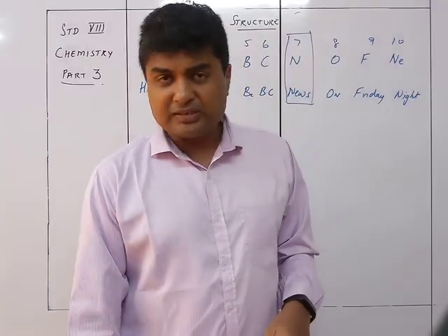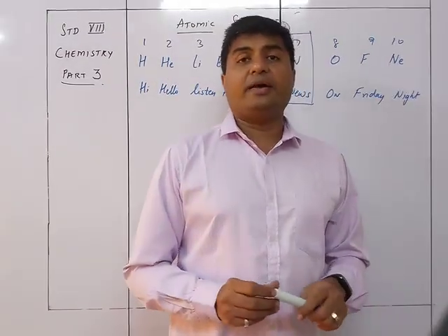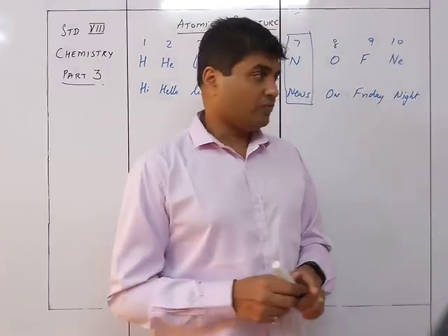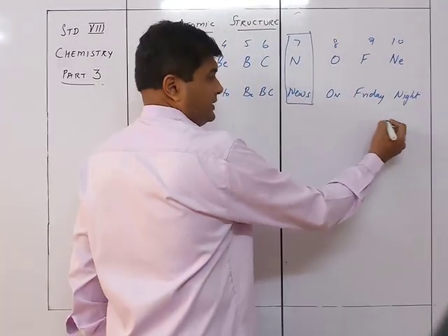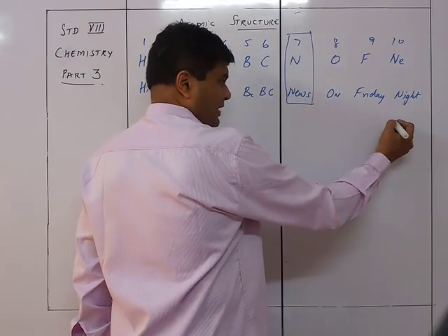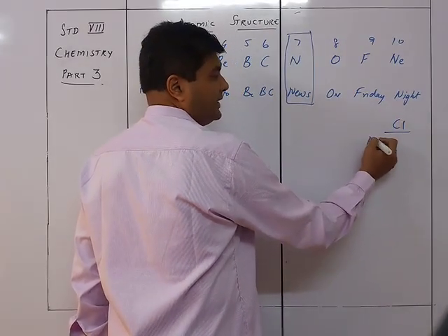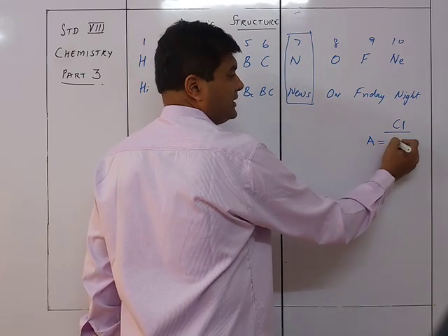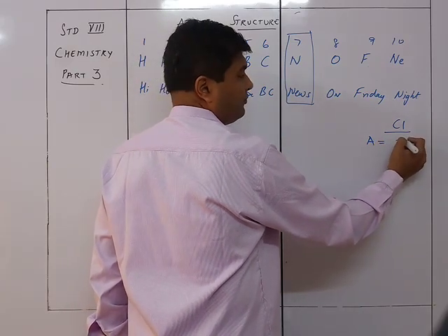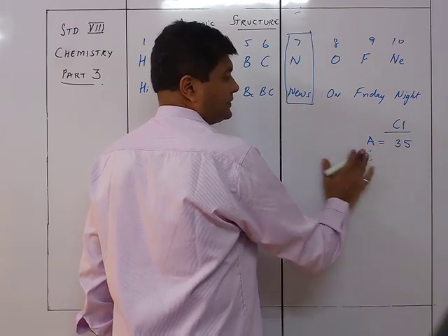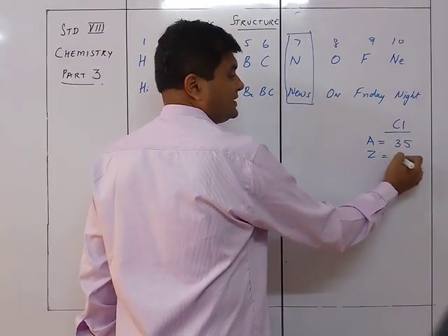the atomic mass number, I can find out the number of protons, electrons and neutrons present in an atom. So for example, let's take the example of chlorine. So I know that the A, that is the atomic mass, is, let's say, 35, and the Z, that is the atomic number, is 17.